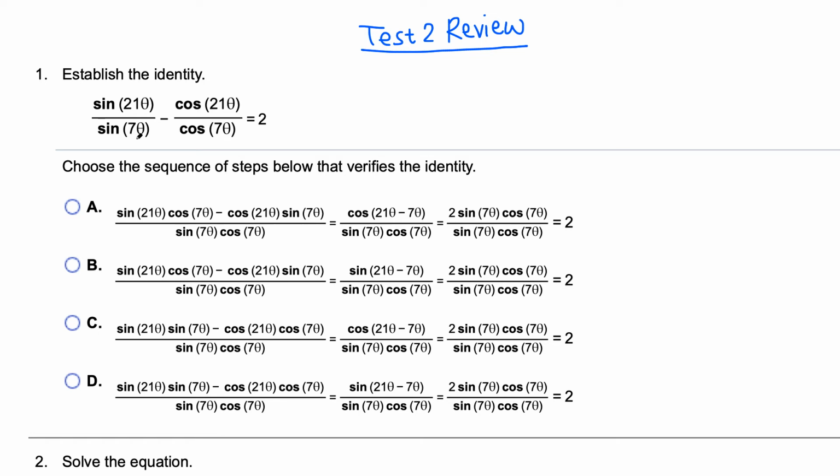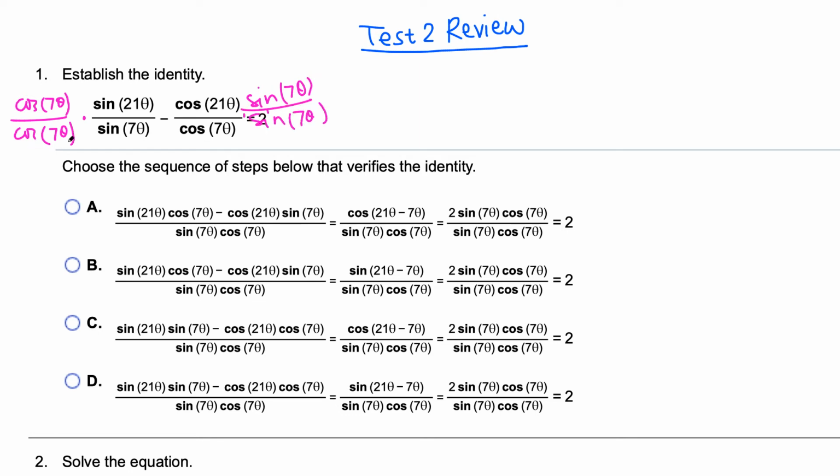So sine, cosine, so we multiply the first fraction by the bottom of the second, so this is cosine 7 over the same thing, and here we multiply the second fraction by the bottom of the first, that is sine 7 over sine 7.